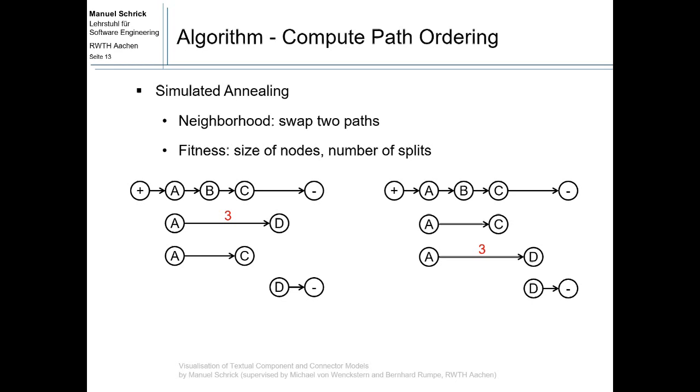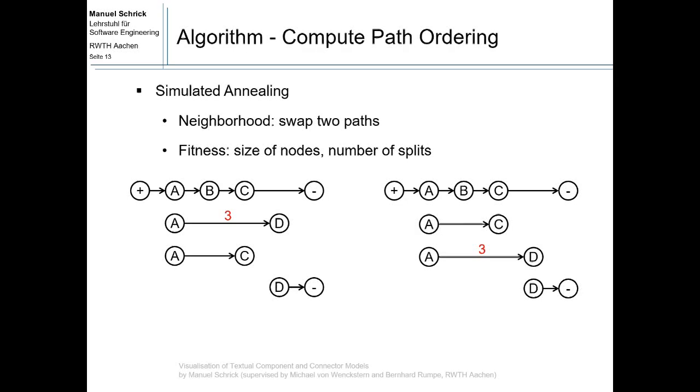And in our case, the fitness function takes the size of each node and the number of connections that go through each node. In this example, if you look at the left graph, there is a connection from A to D, and the node C goes from row 1 to row 3.